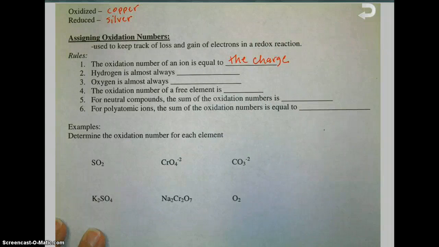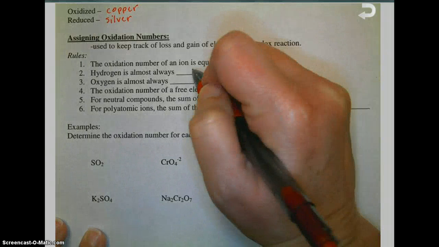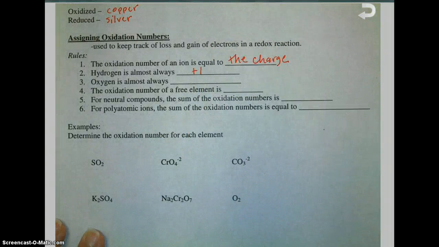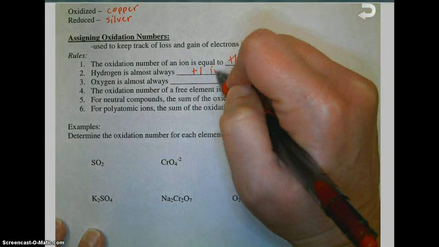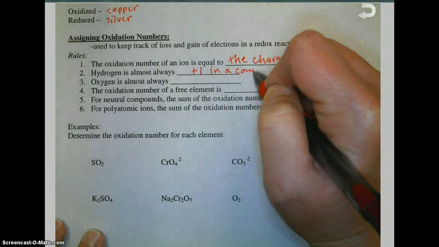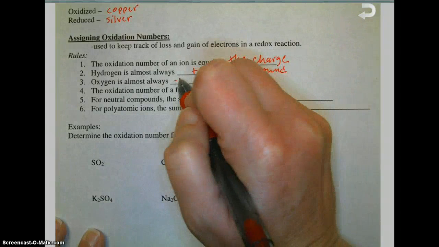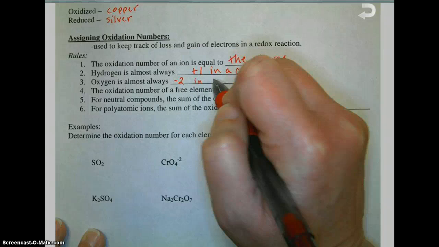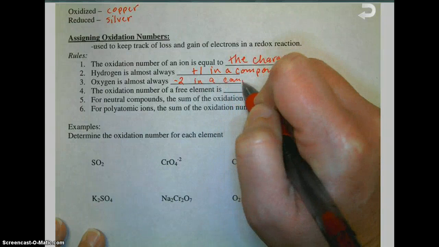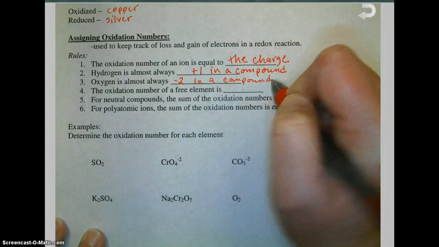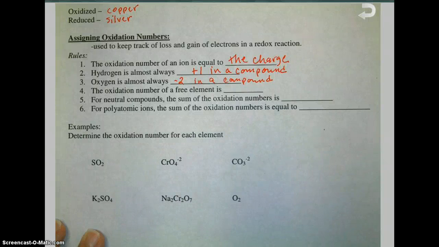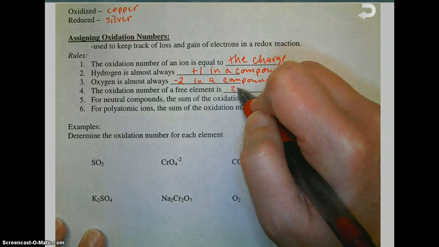Rule number 2, hydrogen is almost always +1 in a compound. Oxygen is almost always -2 in a compound. The oxidation number of a free element is 0.